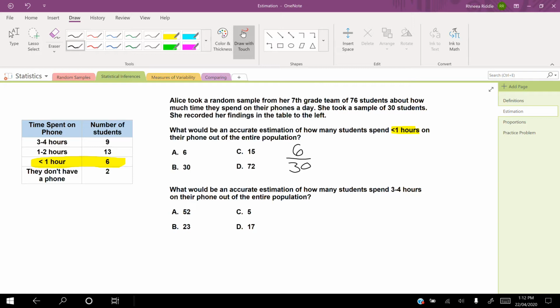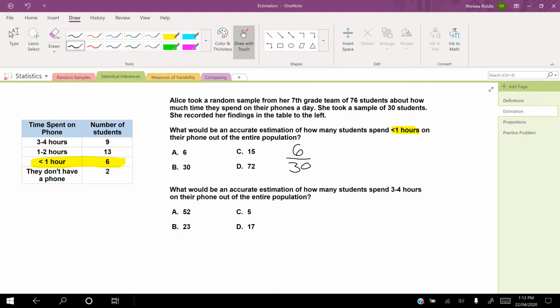And now we look and notice that there are 76 students total, where 76 is a little more than double 30. So we should see that a little more than double of our students are going to be spending less than 1 hour on the phone.